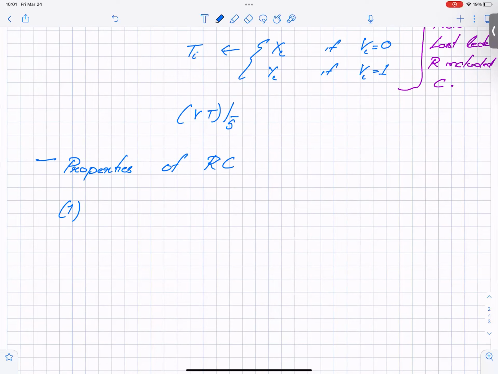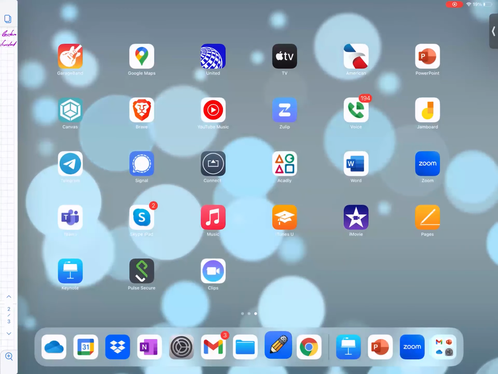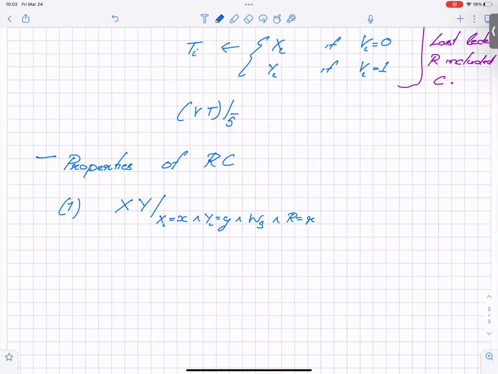So you look at this joint random variable, the entire random variable (X, Y) conditioned on x_i being x and y_i being y, and the event W_S has happened, and R equals r, and RC equals some small c.